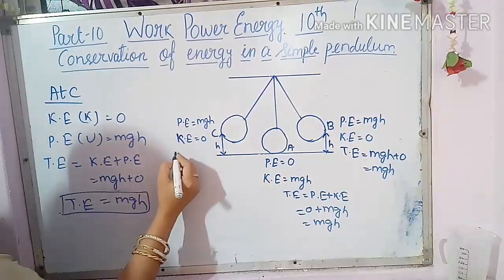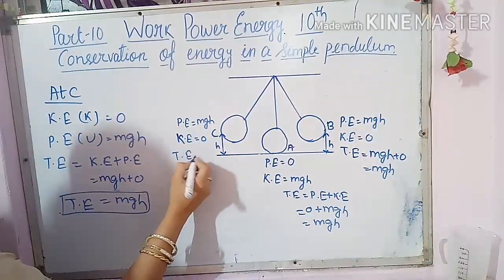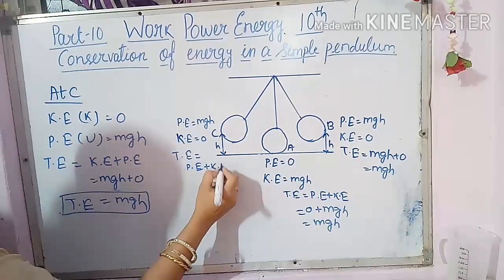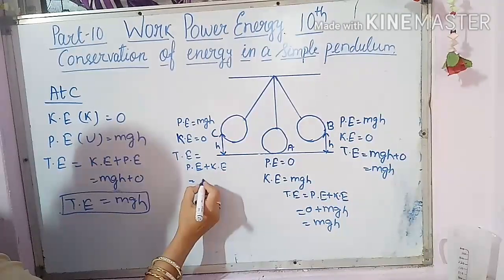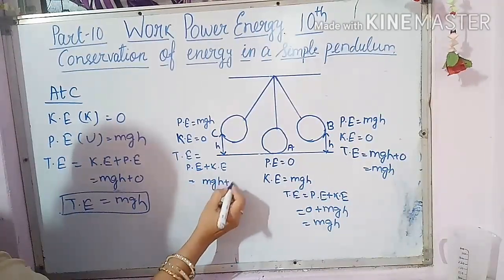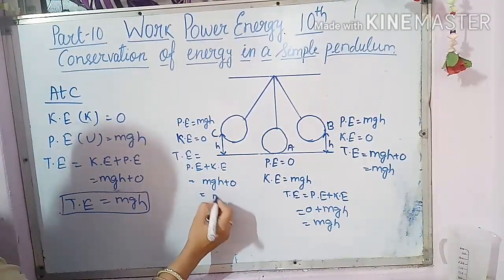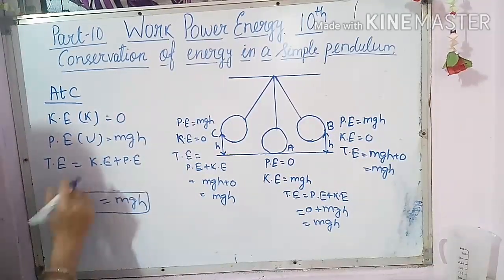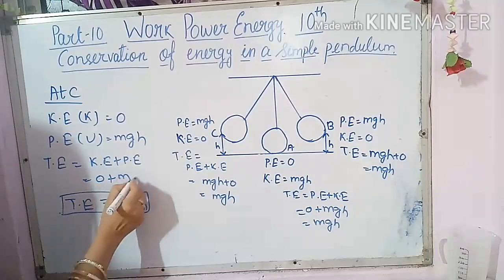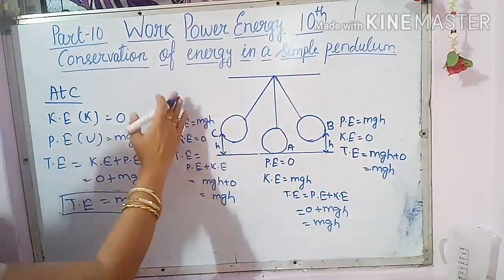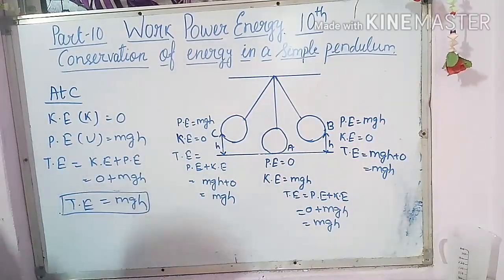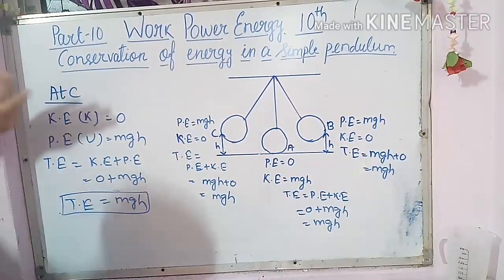So directly you can write, total energy equal to Pe plus Ke, equal to mgh plus 0, equal to mgh. You can draw the diagram and do that much in your exam if it is asking the 3 mark question. So children, this is all about your conservation of energy in the simple pendulum.